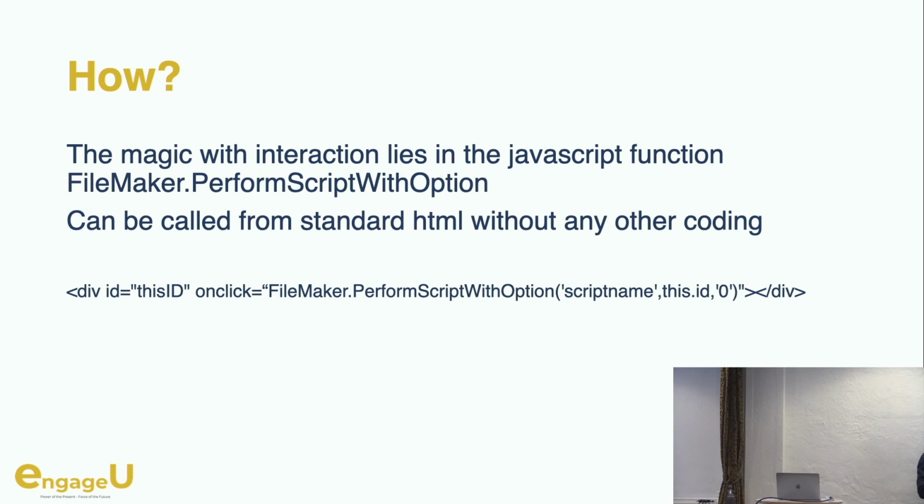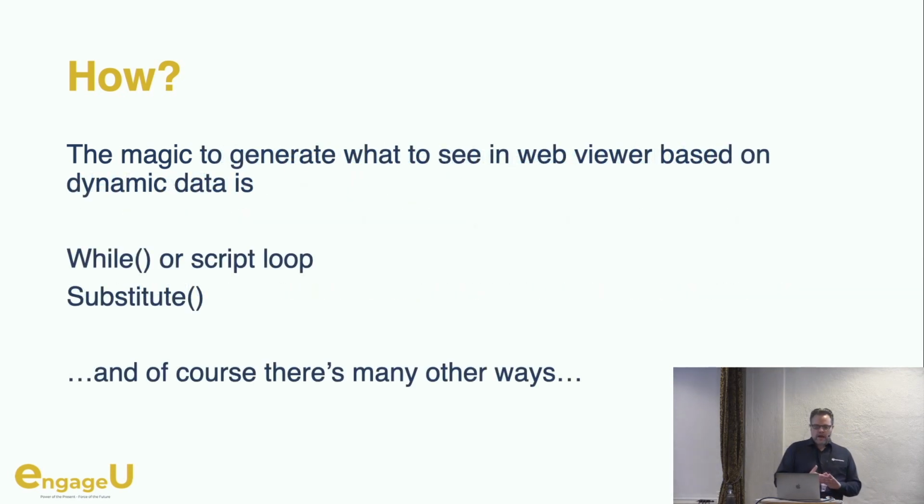I'm going to get back to this example where I put in an ID, but basically you say on click. So when you click, run this script with a script name and some options. So that's the magic. And then on the FileMaker side, the magic is using while loops or substitute or a script loop.